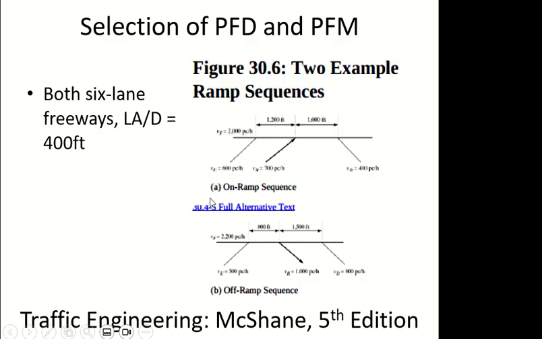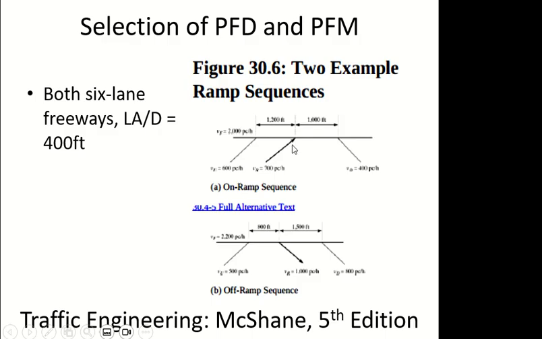And what else? Yes, the length of the acceleration lane, okay, that is 400 feet. Length of the acceleration lane or the deceleration lane, and so we have the same length in both cases.